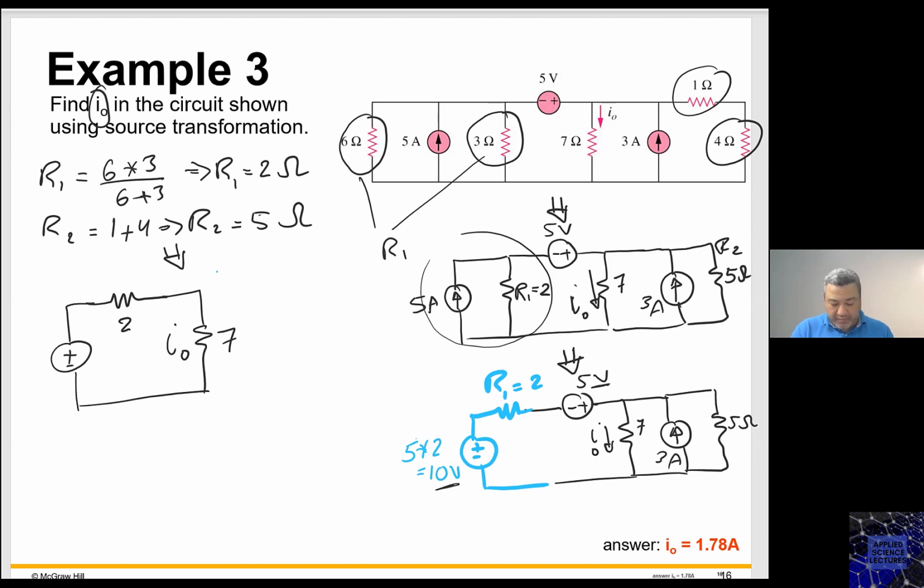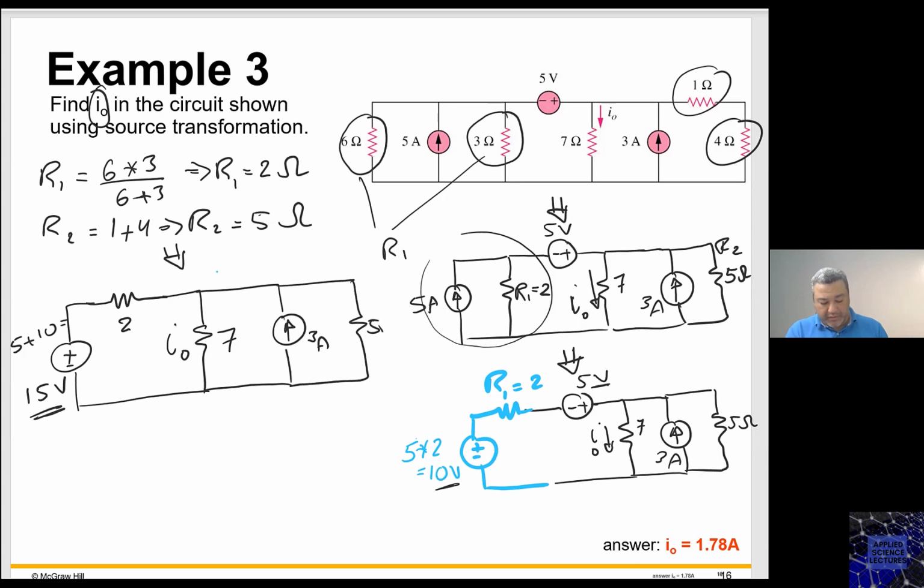Five plus 10, this is 15 volt, right? 7, then 3 ampere, and 5 ohm, right?